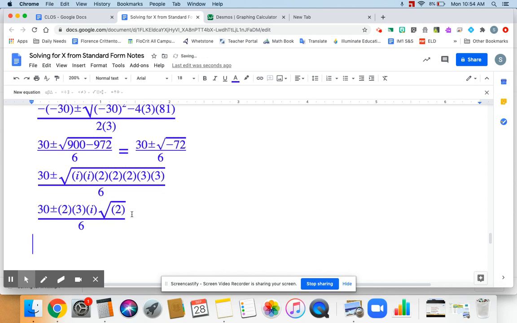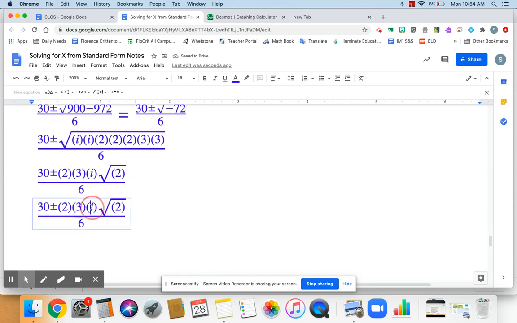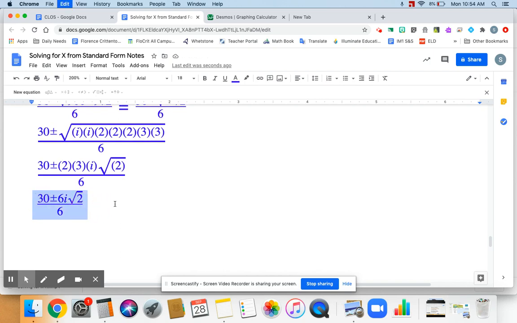So then when I re-simplify things, in front, 2 times 3 times i, 2 times 3 becomes 6. And then we have the i. And now that there's nothing left with the 2, I can delete the parentheses away. So now I've simplified my radical.